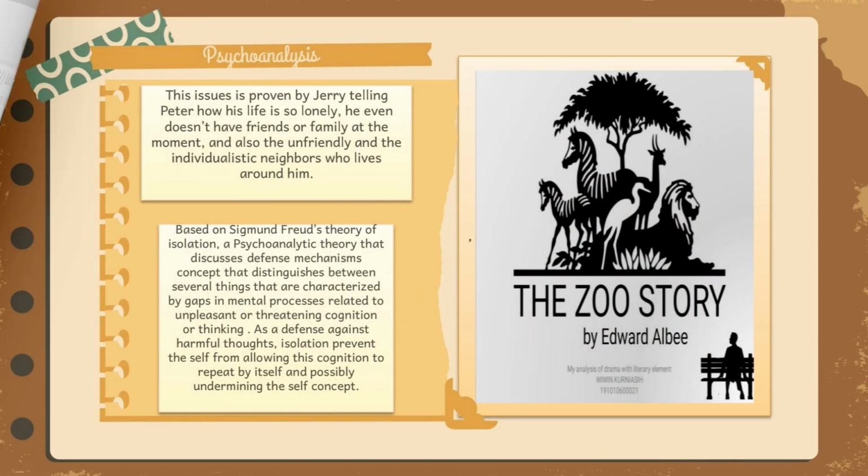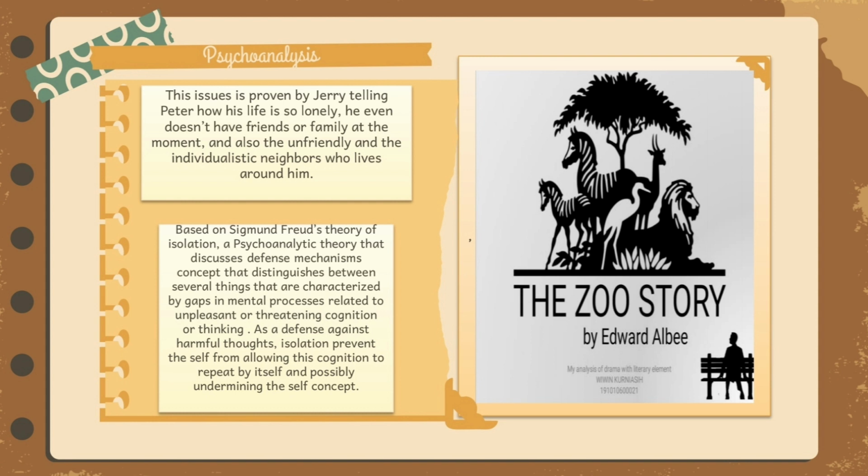Next, I have an example about psychoanalysis. This scene talks about loneliness, proven by Jerry telling Peter how lonely his life is. He doesn't even have friends or family at the moment, and also has unfriendly and individualistic neighbors who live around him.